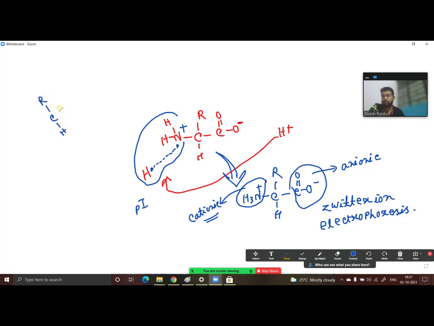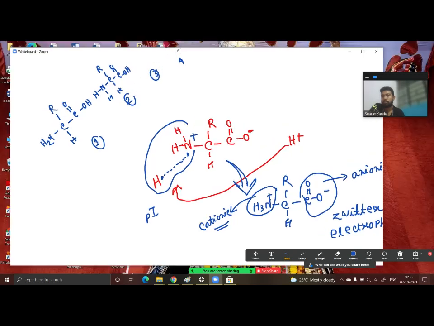Suppose this one is the amino acid which has C double bond OOH and H2N in normal condition. This is the first amino acid. Suppose the second amino acid is HNH, and C double bond OOH. This is second.